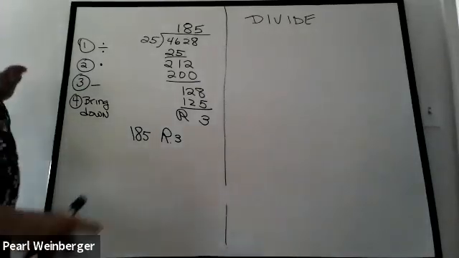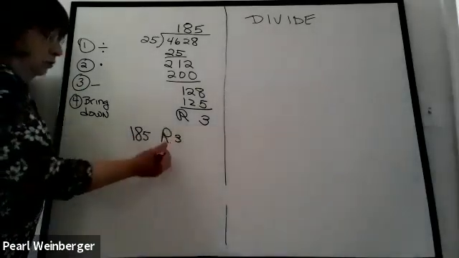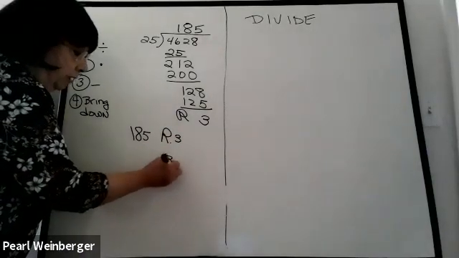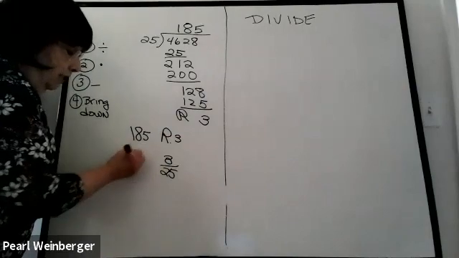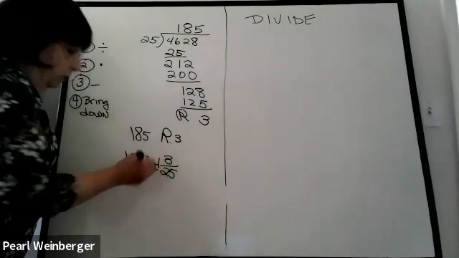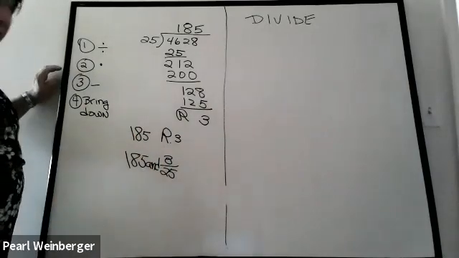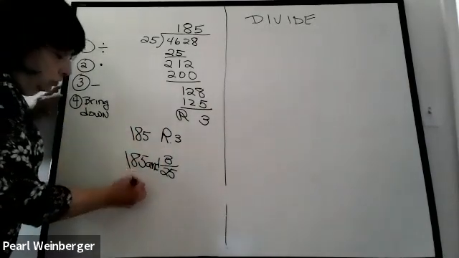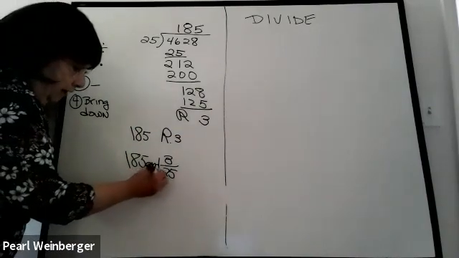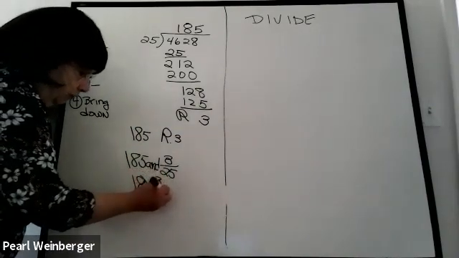What we very often do is we take the remainder and put it over the divisor and say that our answer is actually 185 plus another 3 over 25. And with numbers, you could just put them one right next to each other, 185 and 3 over 25.